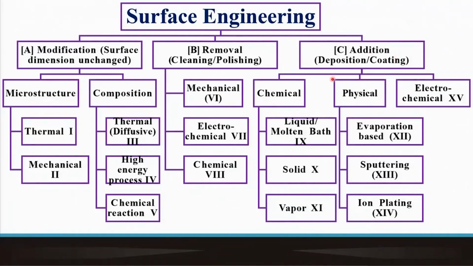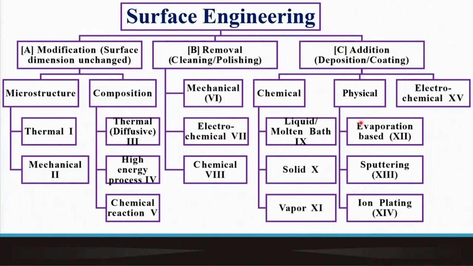Finally, and this is more widely applied and more widely understood, there is the mechanism of surface engineering by addition or coating of a new material, either the same or a new material, and in the process you can take care of improving the chemical, physical or electrochemical properties. You can do that by chemical, physical or electrochemical means, but you certainly can improve the life, improve the functionality and various other things.